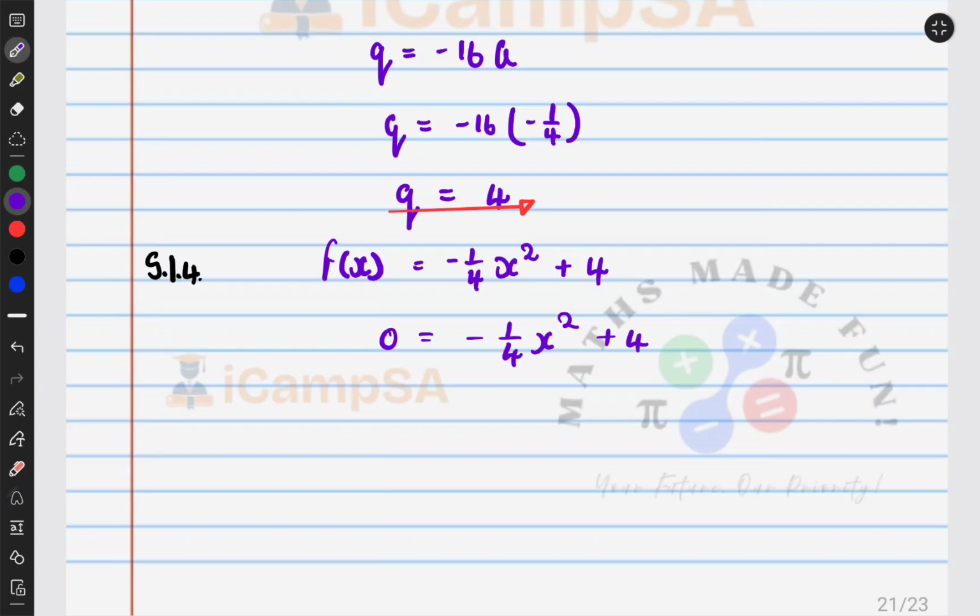First thing first, that's what I see. Let's see. If f of x, k, is 4, then we have 0 is equal to -1 over 4 x squared. So a negative of 0, again we have no real intercepts.